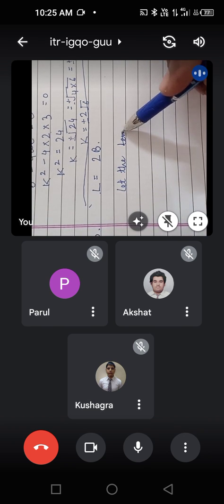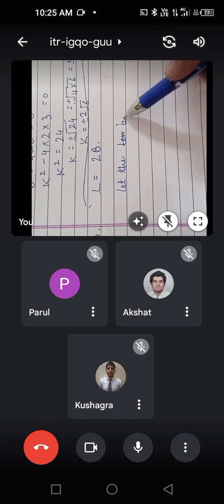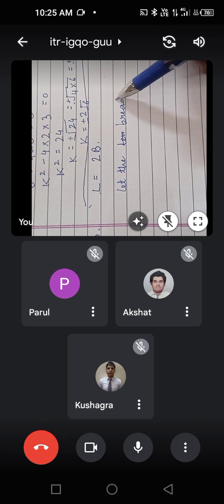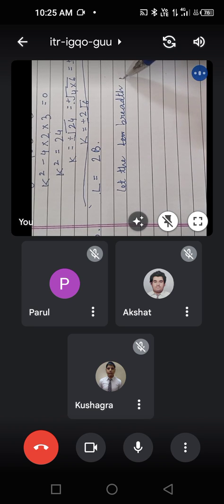So let the breadth of the mango grove be equal to x.